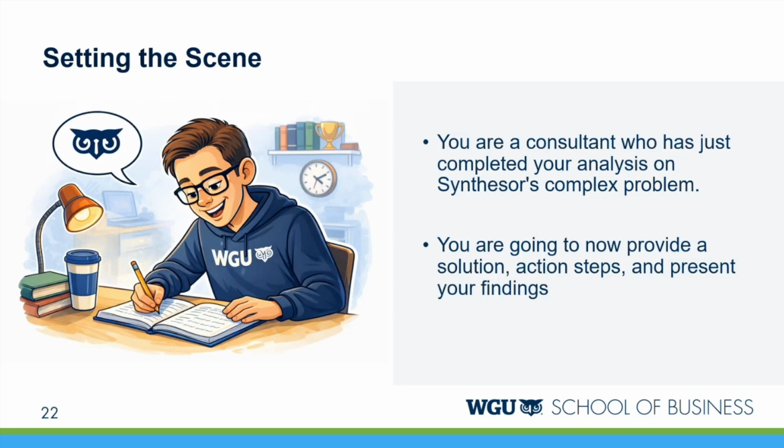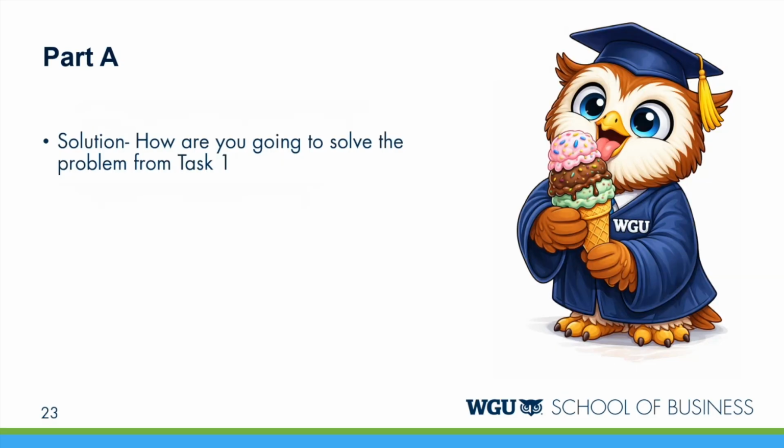All right, so here is the scenario from your task. You're this consultant who just completed your analysis on this complex problem. I'm not even going to try to say it because I always say it wrong. You are going to now provide a solution, action steps, and present your findings. But we're going to go back to the ice cream example because I don't want to give you the answers.